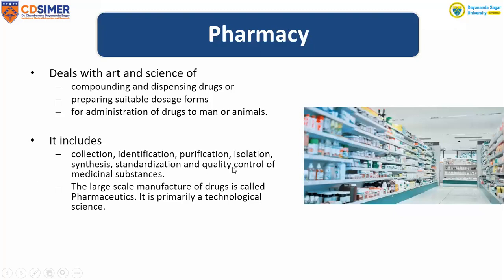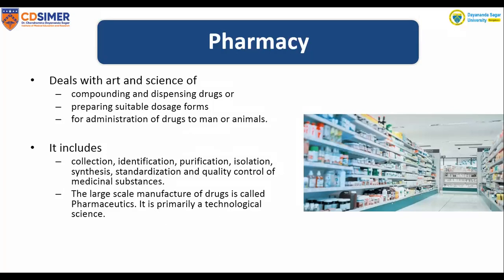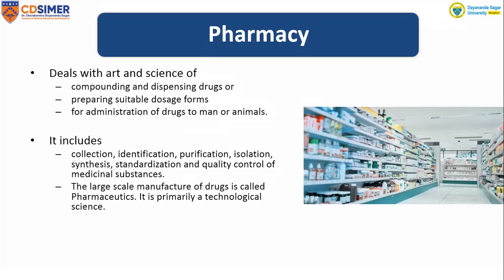It includes the collection, identification, purification, isolation, synthesis, standardization, and quality control of medicinal substances. Please understand this. Generally when it is written as pharmacy store, you immediately connect that it is a storage of drugs, or procuring and storing, but it is not only that.